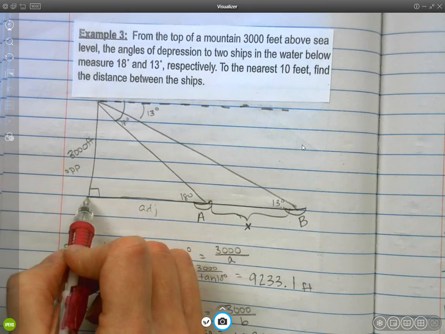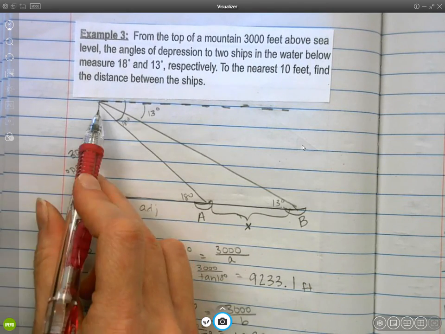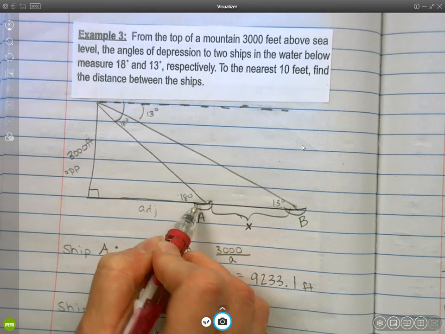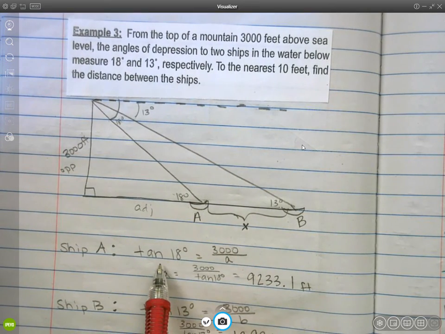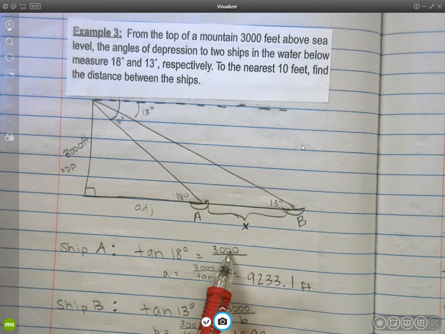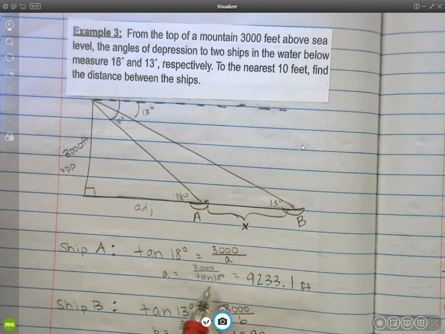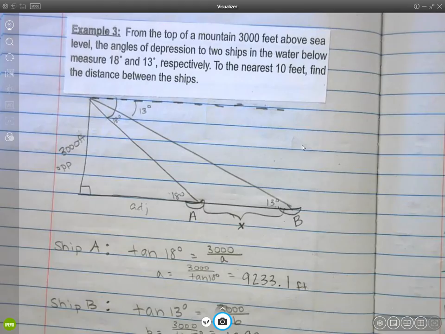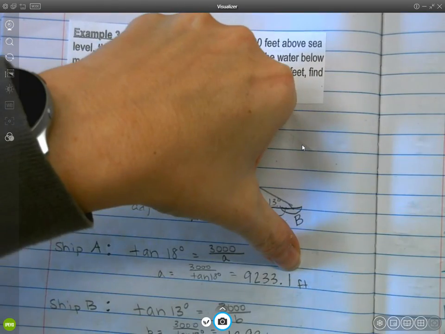We know that this is 3,000, and that's the opposite, and we're looking for the adjacent, like this side right here. So for ship A, tangent of 18 is equal to 3,000 over A. Then these guys switch places, and we just divide. I'm not going to round to the nearest 10 feet until the end. So here I just rounded to the nearest tenth.